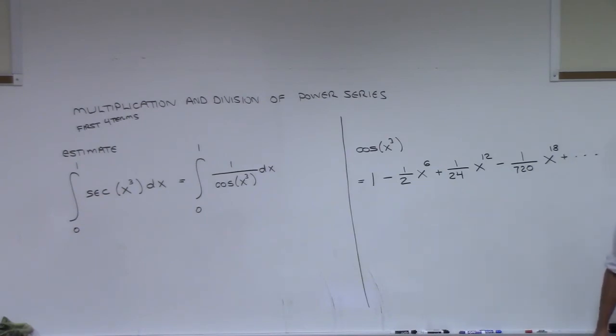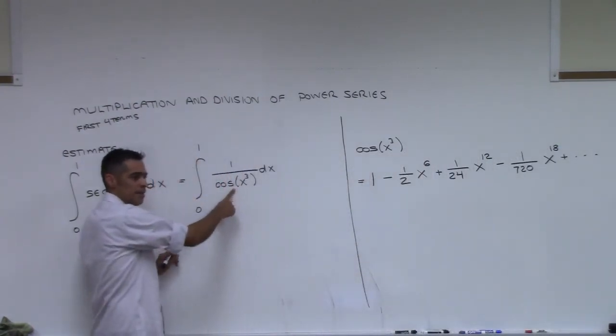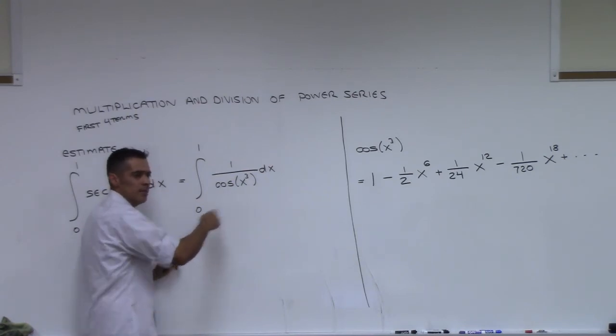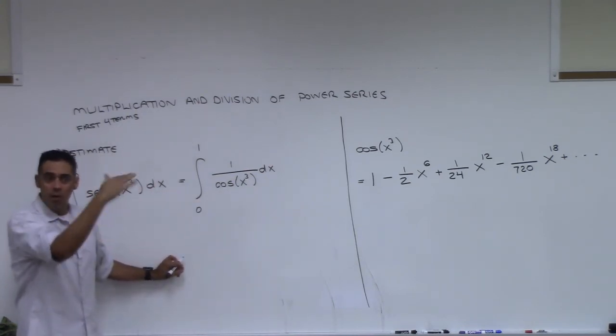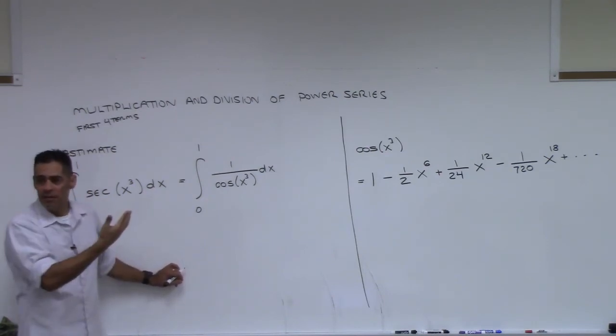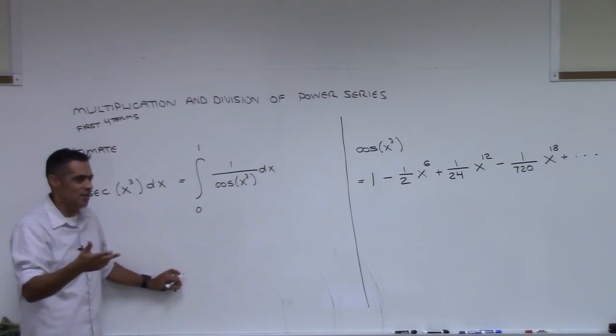Agreed? Now we have to take that and put it on the bottom. But see, there's a problem with that, isn't there? 1 divided by that, you can't integrate that yet, right? It's 1 over this polynomial. So we actually need to divide it into 1. And this is what that terrible professor was trying to tell his students the other day.